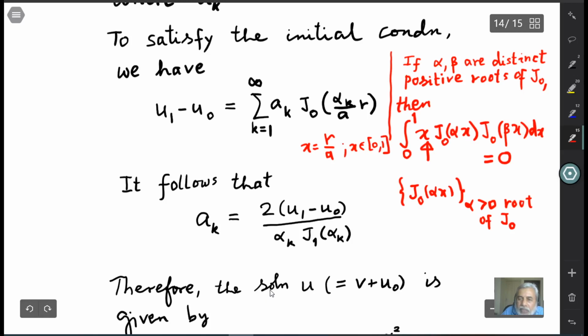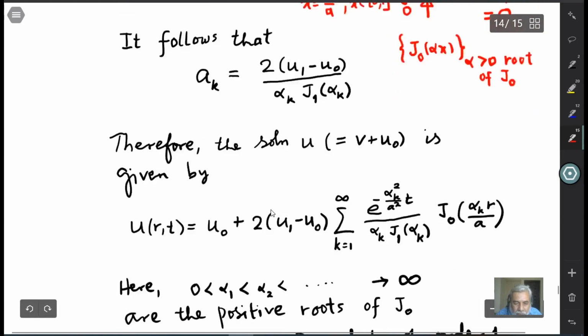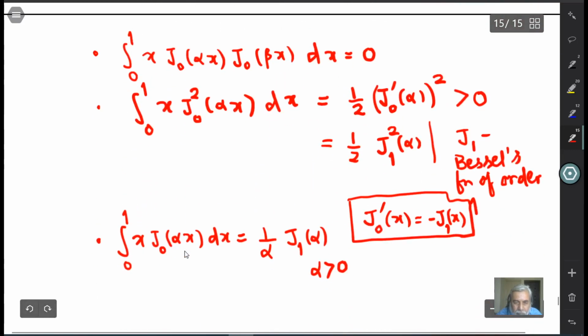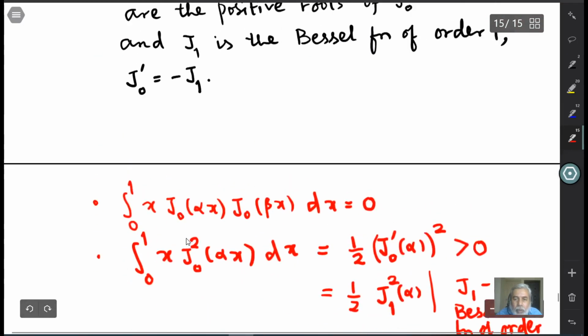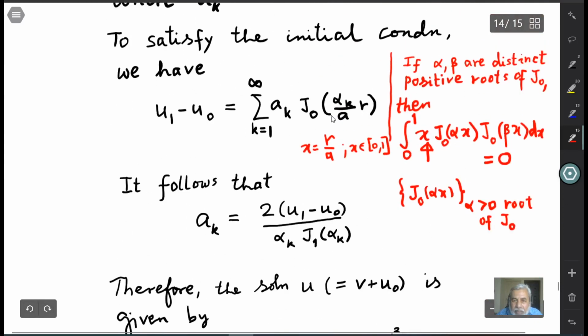So it fits into the orthogonality conditions and normalizing conditions, etc. You multiply both sides by j0 alpha k x, and then integrate from 0 to 1, use the orthogonality condition and the other two conditions here. Only one term survives every time.